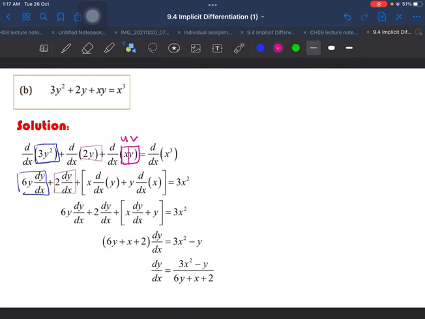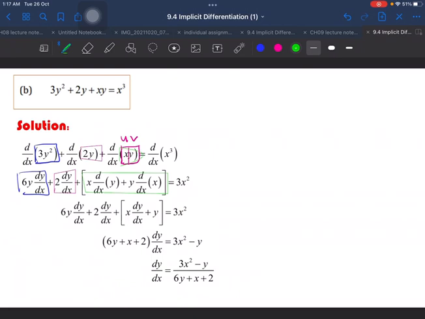And d over dx of xy, we use the product rule, u v prime plus v u prime, and then the answer is x dy over dx plus y.